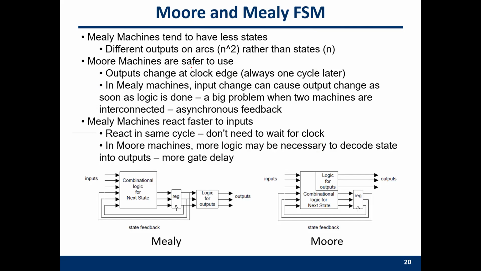A big problem when 2 machines are interconnected is that we will have some asynchronous feedback problem. The Mealy machine reacts faster to the input. It will respond in the same cycle. You don't need to wait for 1 extra cycle. In the Moore machine, more logic may be required to decode the state into the output, which means that you can have more gate delay. So these are the 2 figures for the Mealy machine and the Moore machine.